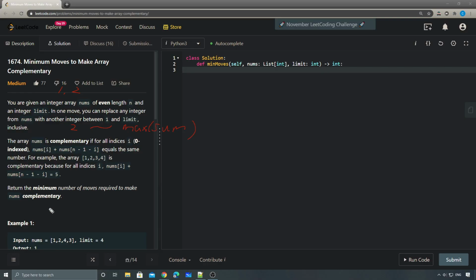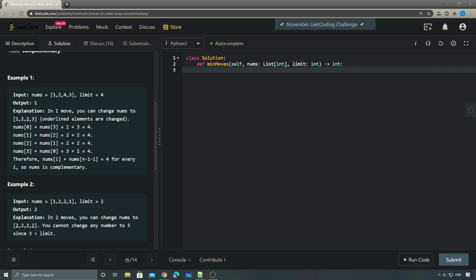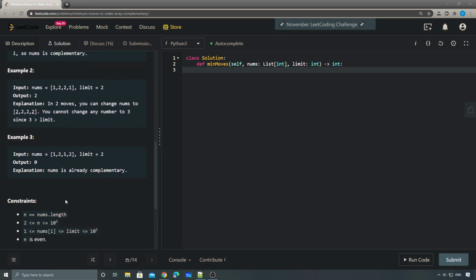Okay, so from here onwards, let's go back to look at one of the constraints here. Notice here that limit is greater than any of the numbers here, right? So what does it mean?